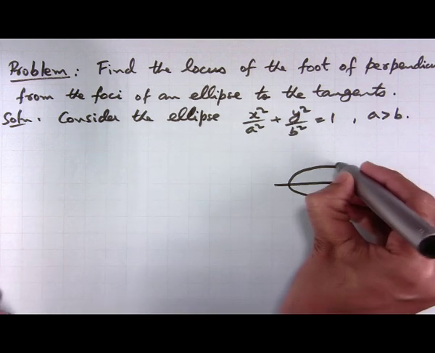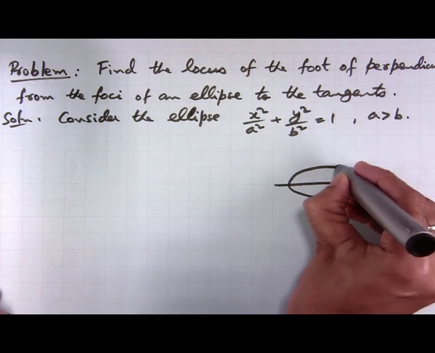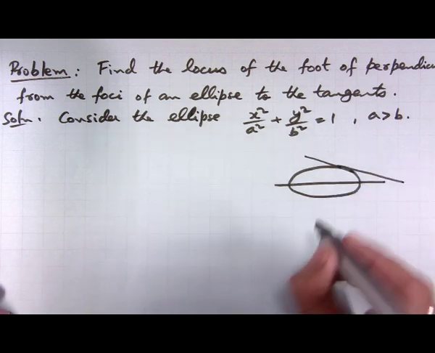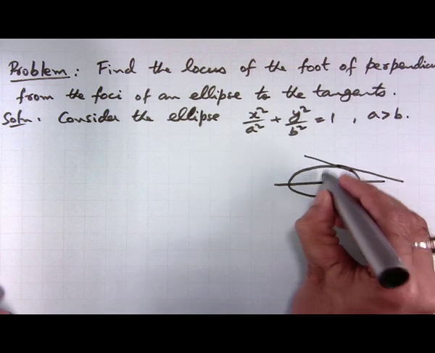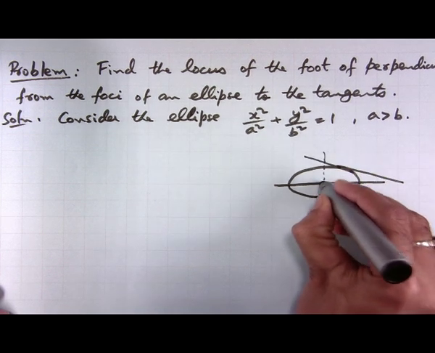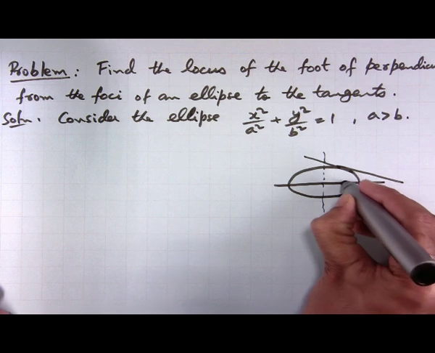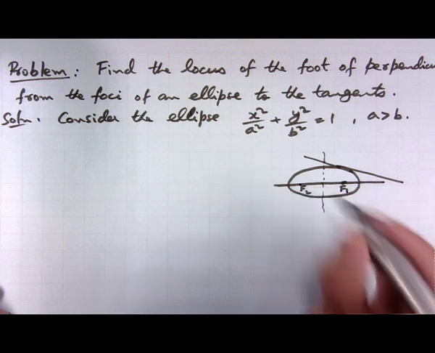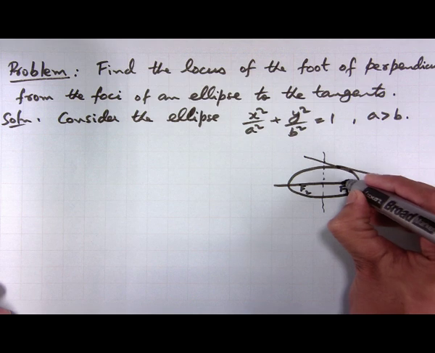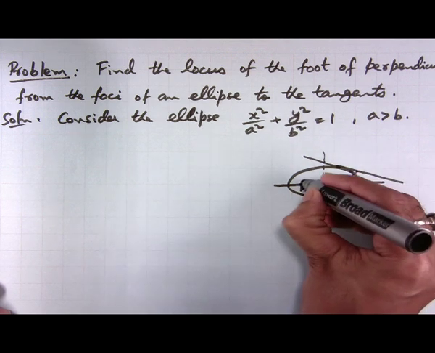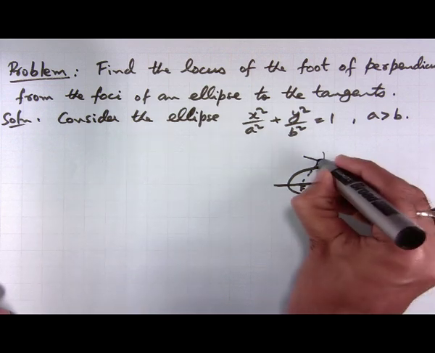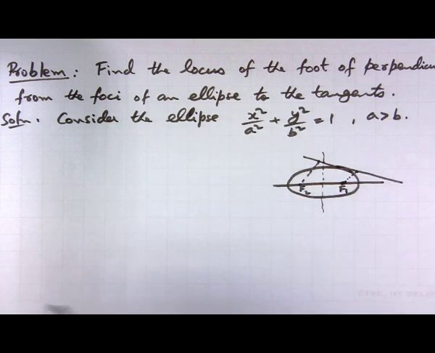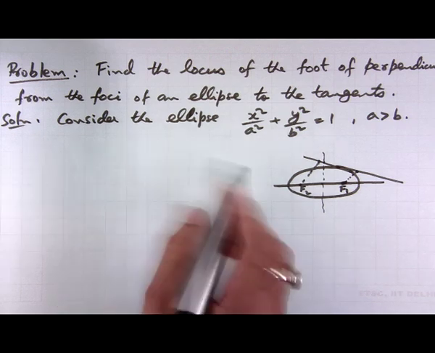Now, what we are required to do is, suppose I take any general tangent to the ellipse, you can draw perpendiculars to the tangent from the foci f1 and f2, then we have to find the locus of all such points.